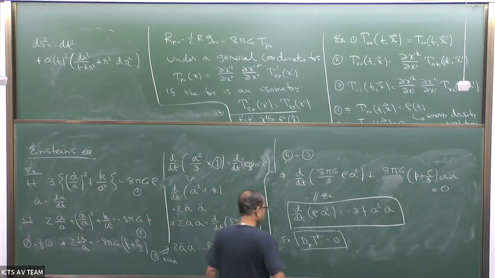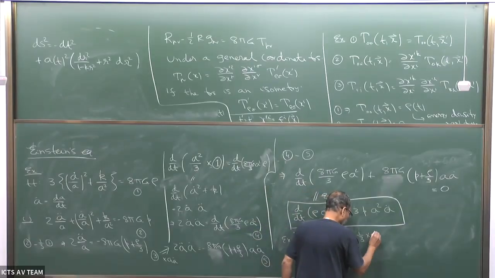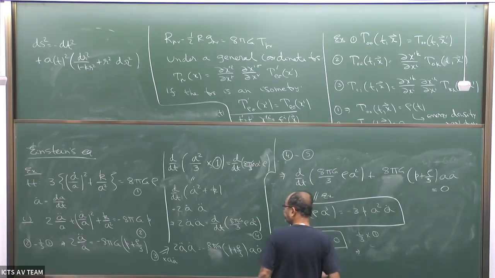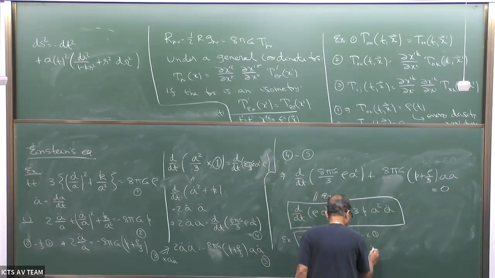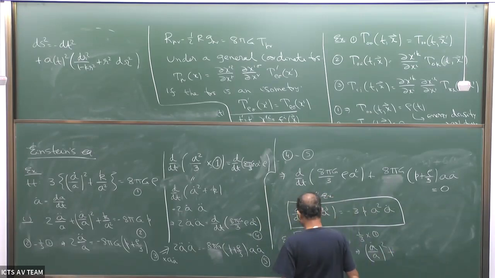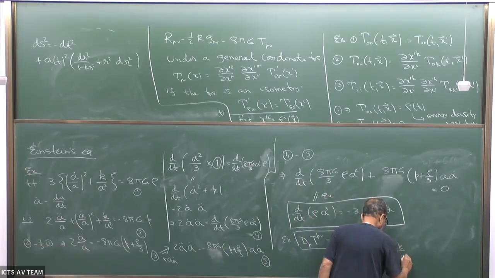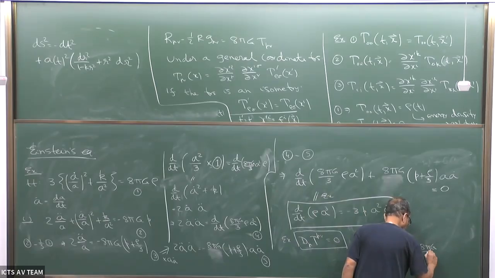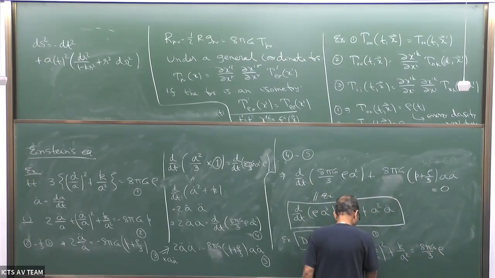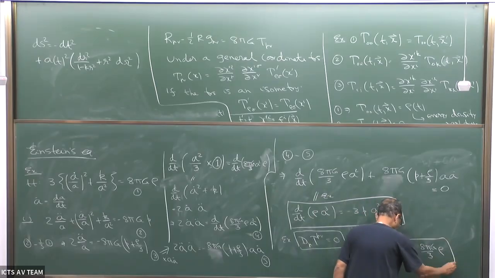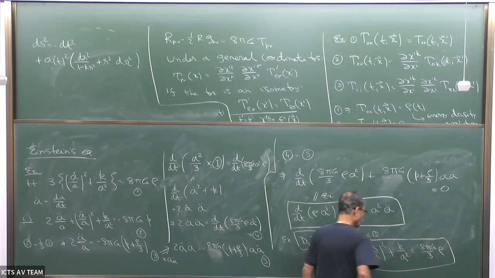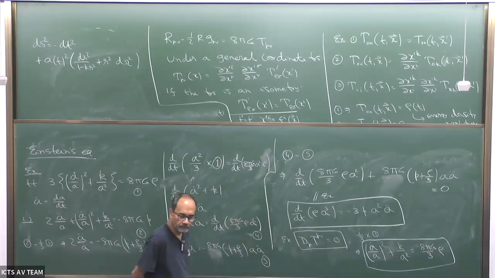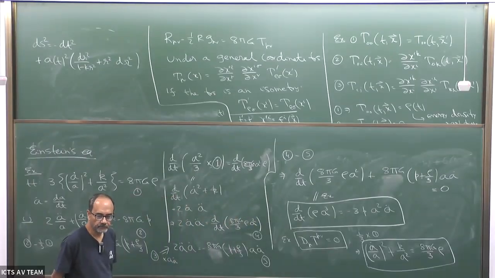So 1 over 3 times 1, I can write as a dot over a square plus a double dot over a square is equal to 8 pi G over 3 times rho. These are the two independent equations that we have to deal with.